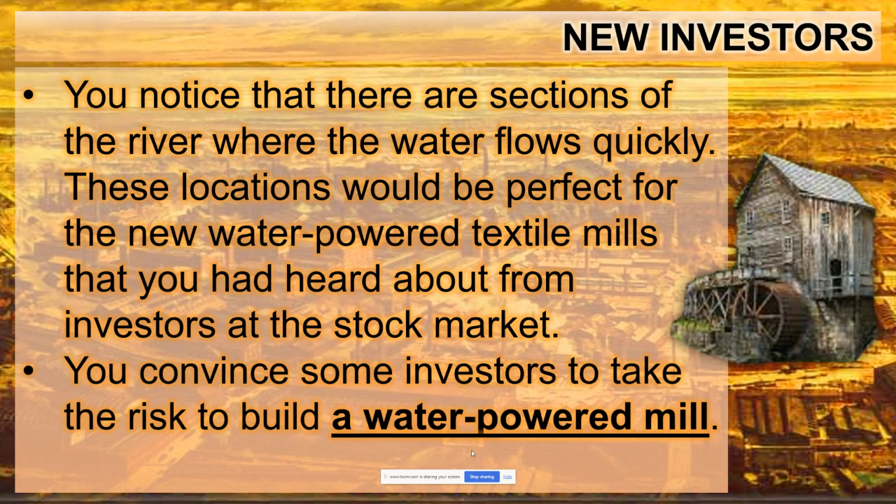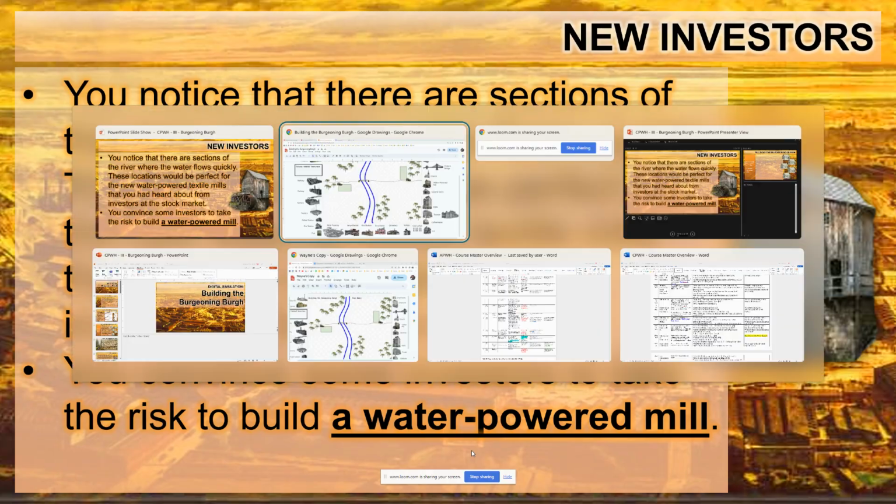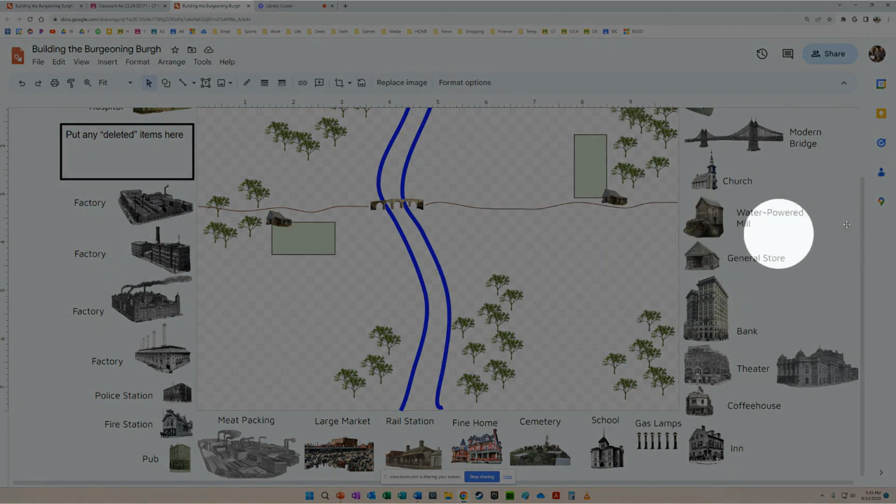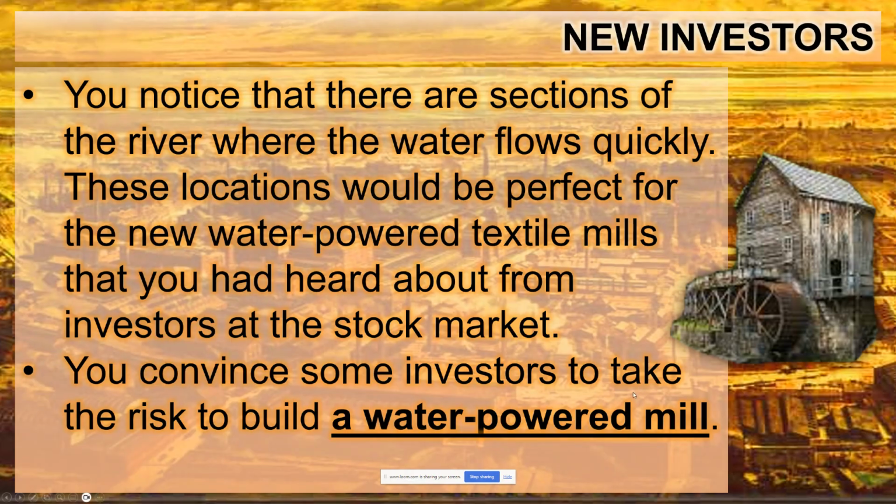So go ahead and place a water-powered mill anywhere in your city that, again, has to be adjoining a river. So it's got to be close to the river. The water-powered mill is on the right-hand side right here. Let's click and drag it somewhere near the river. So it'll be on the river here somewhere on one side or the other. It is completely up to you where it might be.